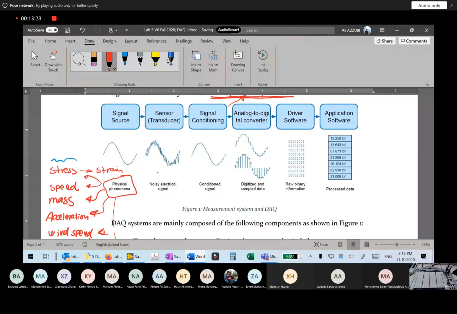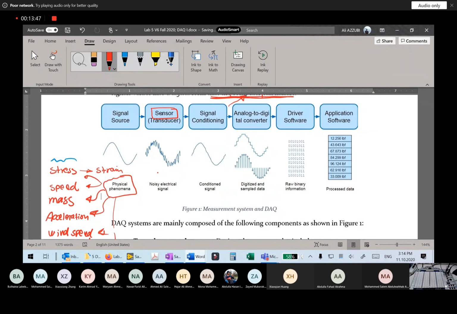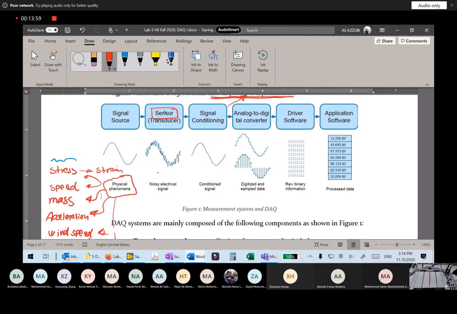This is my sensor. Now there is a difference between sensor and transducer. Transducer is a very generic name, but to measure something, you need a sensor.